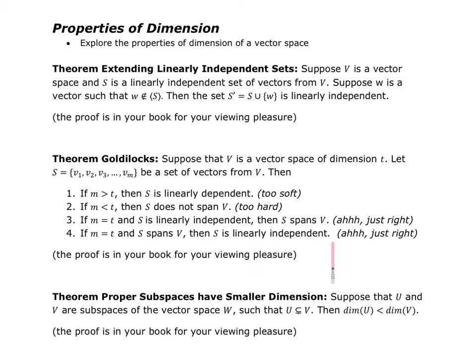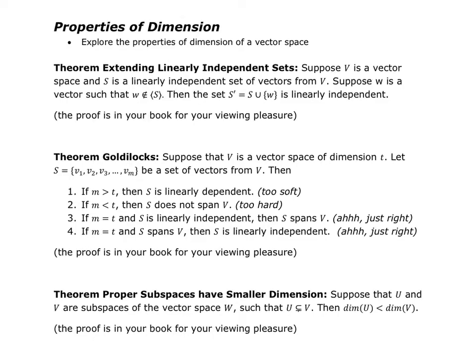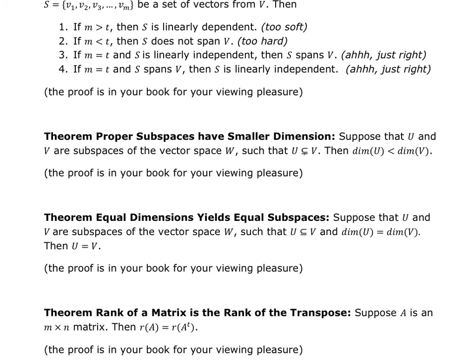Another just right. So then that brings us on to our next theorem. Suppose that U and V are subspaces of the vector space W, so W contains both U and V, and U is properly contained in V. Then the dimension of U must be less than the dimension of V. So clearly, if I have a basis, that's the dimension, the number of vectors in the basis.